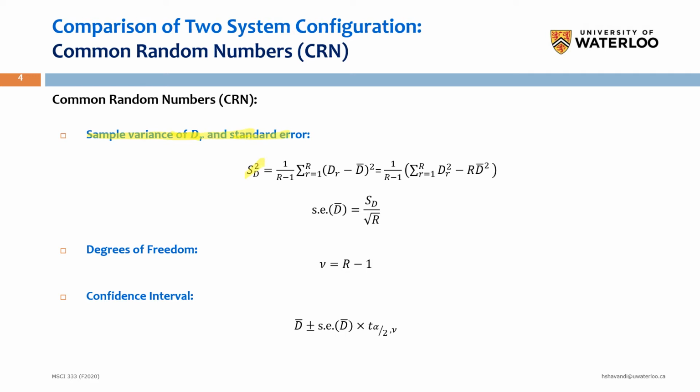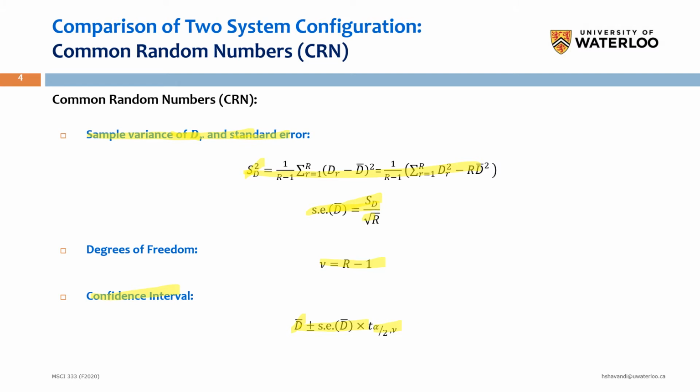It will be calculated by this equation, and the standard error for d bar will be this, with degrees of freedom r minus 1. So our confidence interval is d bar plus minus the standard error of d bar, which is s_d over square root of r, times t half alpha, nu, where nu is r minus 1.